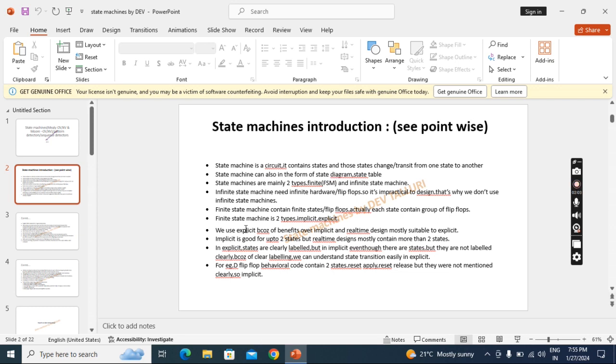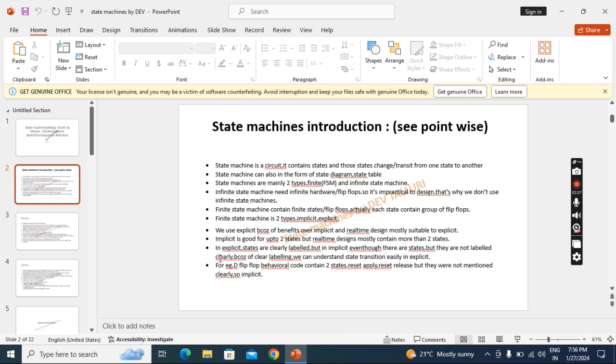We use explicit because of benefits over implicit, and real-time designs are mostly suitable to explicit. But implicit is good up to two states, but real-time designs mostly contain more than two states, no? So that's why we use explicit.